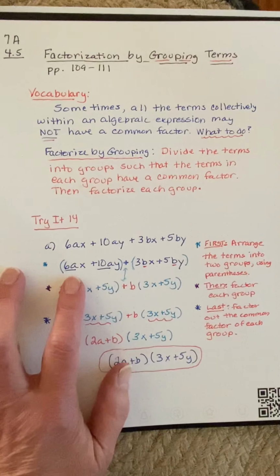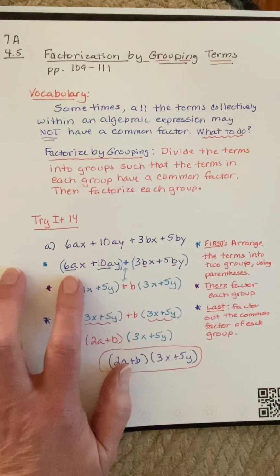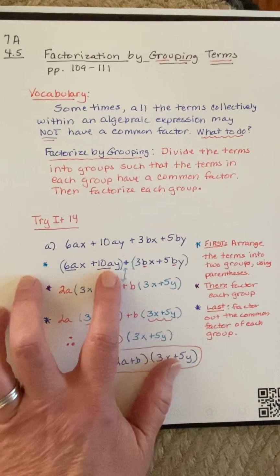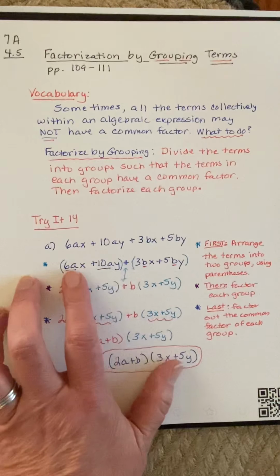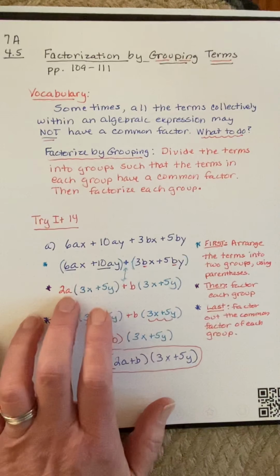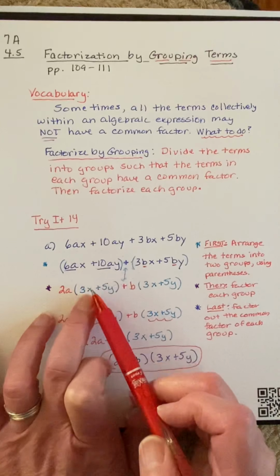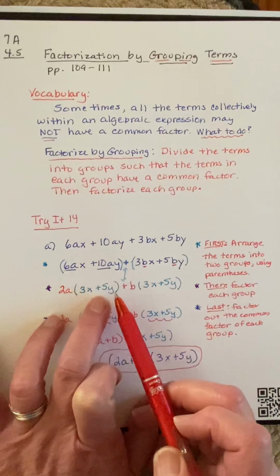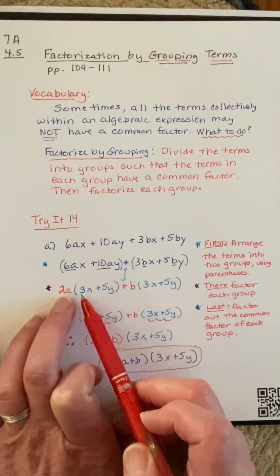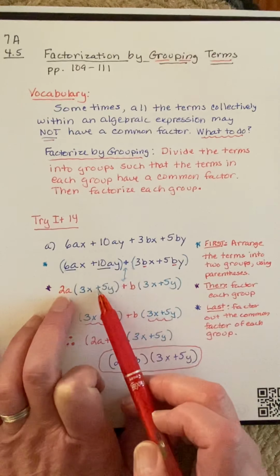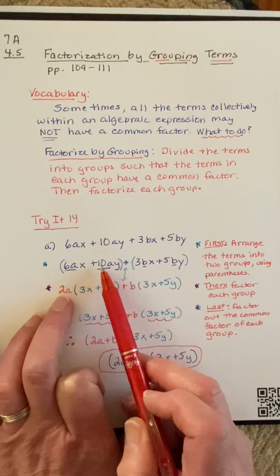So looking at the first group, out of 6ax and 10ay, I'm looking at the 6a and the 10a. I can take a 2a out of each of those. So I am left with, after doing so, 2a times (3x plus 5y), because 2a times 3x is a positive 6ax, and 2a times positive 5y is a positive 10ay.